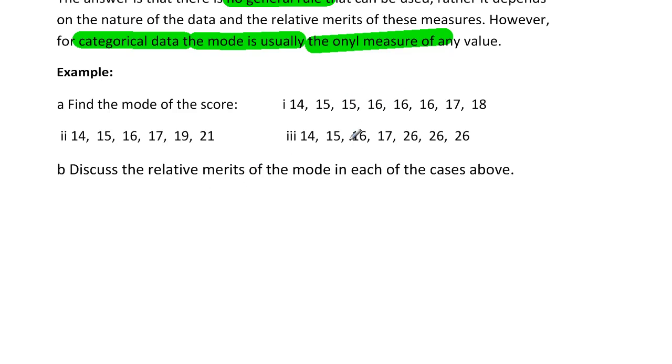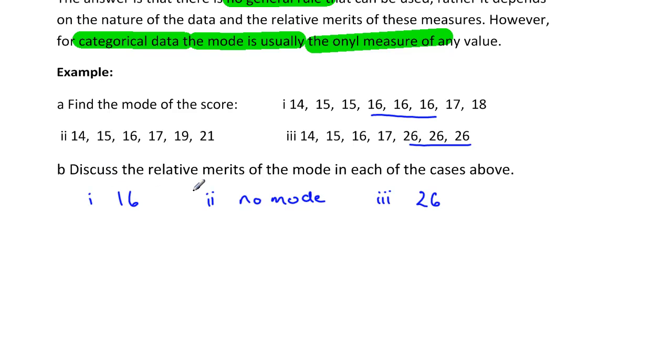In number 2, there's no mode at all because no number occurs more than another. And in number 3, you'll notice that the mode is at the end of the data, 26.